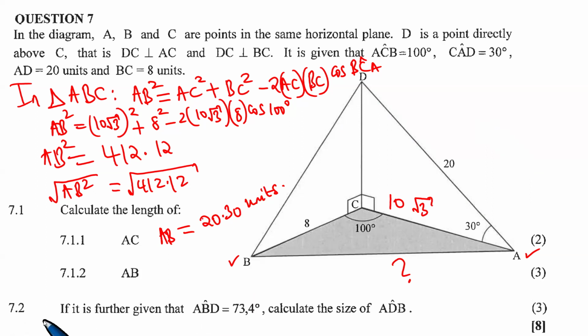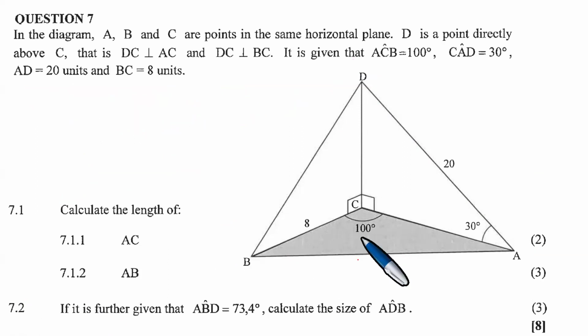7.2 is next. We've seen that AC is 10 square root of 3 units, and AB is 20.30 units. Now we want to calculate the size of angle ADB.